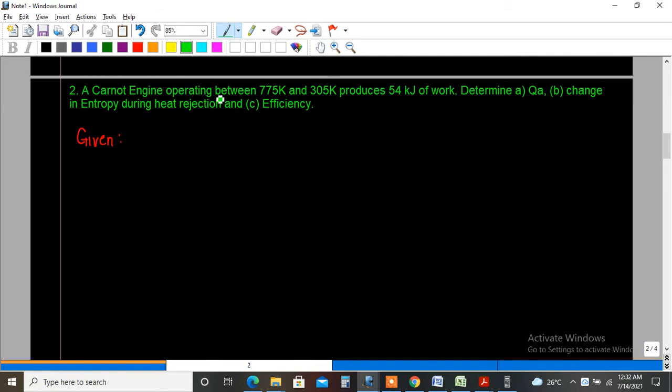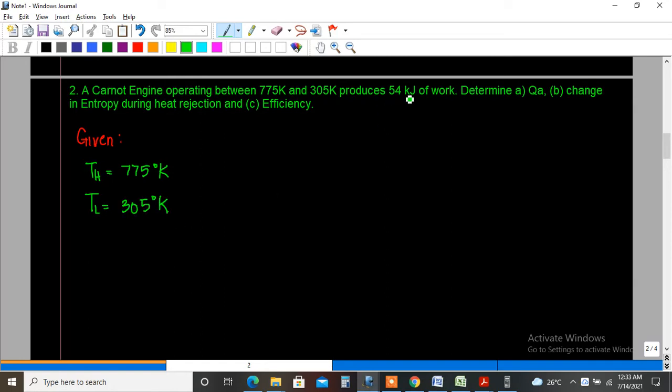So the operating temperature is between 775 and 305. So we have the T high, which is equal to 775 Kelvin. Degree Kelvin, class, is absolute, so we don't have to convert it. And 305 Kelvin, that is the low temperature.